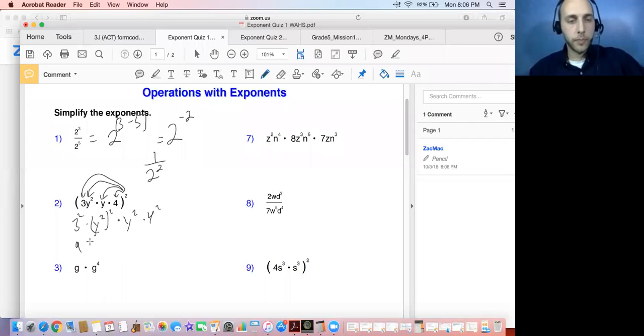And we get 9 y to the fourth y squared, and then 4 squared is 16. So then we have 16 times 9, times 10 is 90, 9 times 6 is 54, so we get 144 y to the 6th power. We add 4 plus 2 and get 6 there.